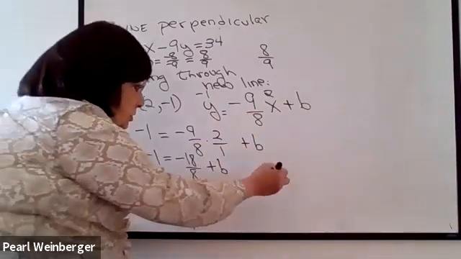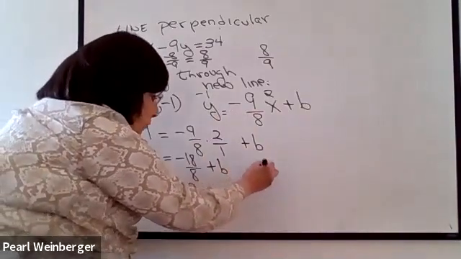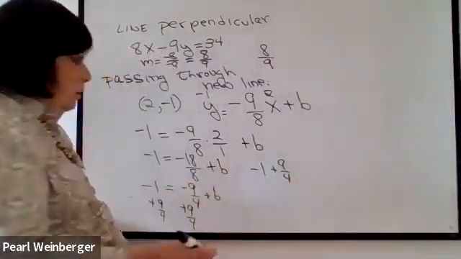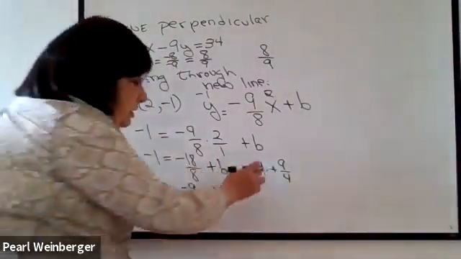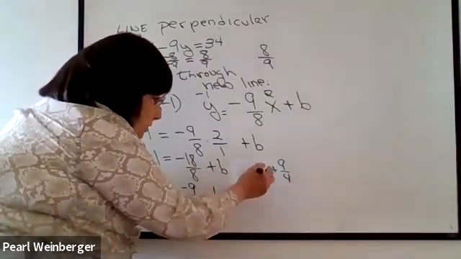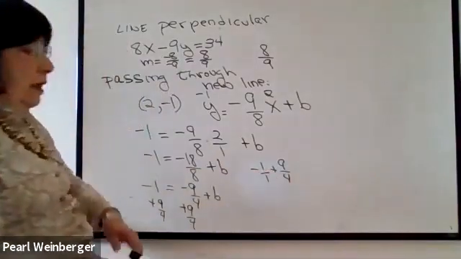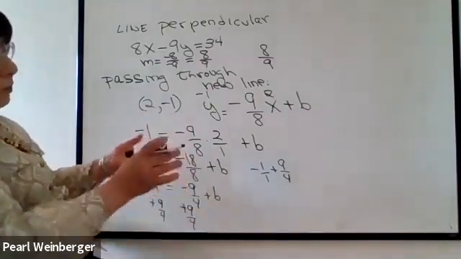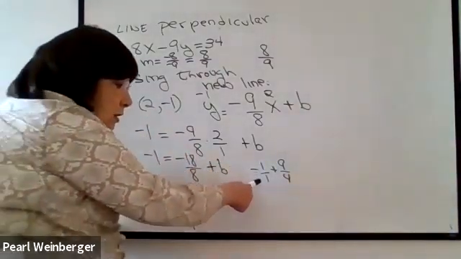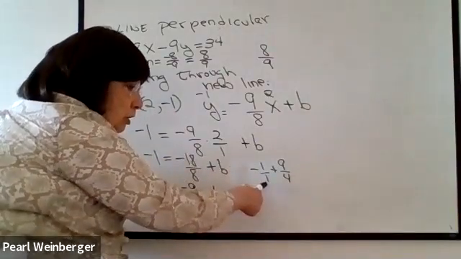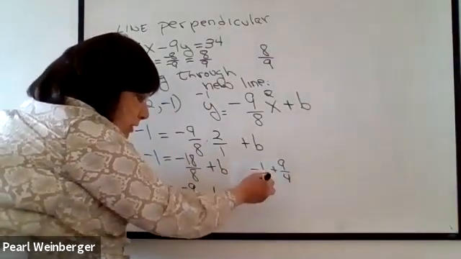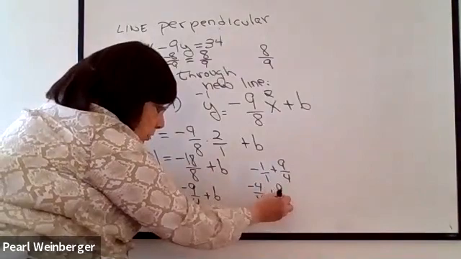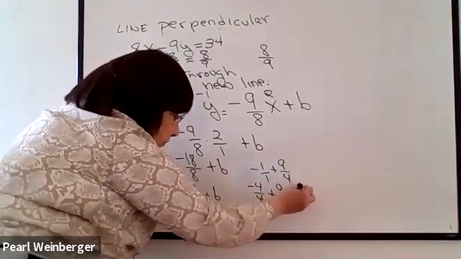So it turns out that I have to do negative 1 plus 9 over 4. Now, this is really negative 1 over 1. Let's make them both fractions. Again, you can use your calculator to do this, but if you have trouble or you don't remember how, just do it by hand. You have to find your common denominator, which is 4. So this becomes negative 4 over 4 plus 9 over 4, which equals 5 over 4.